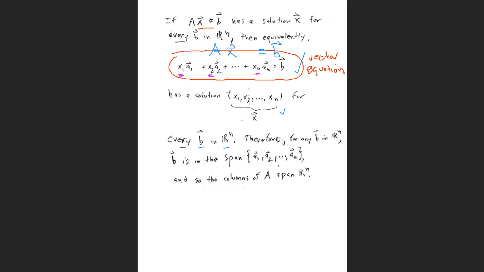But we know those weights exist because A times the vector x equals B is guaranteed to have a solution because A is invertible.